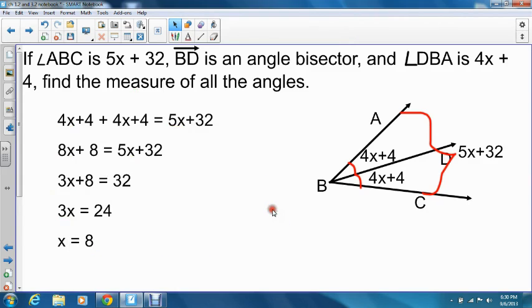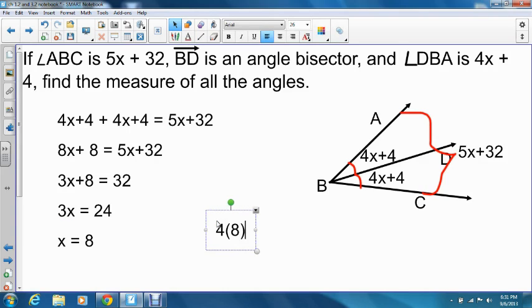Okay? Alright, so now that I have 8, I'm going to go ahead and plug my values in just to kind of see what my angles are, because it does want me to find the measure of my angles. So I'll find angle DBA first, so that's going to be 4 times 8 plus 4. So, well, 4 times 8 is 32. 32 plus 4 is 36 degrees.